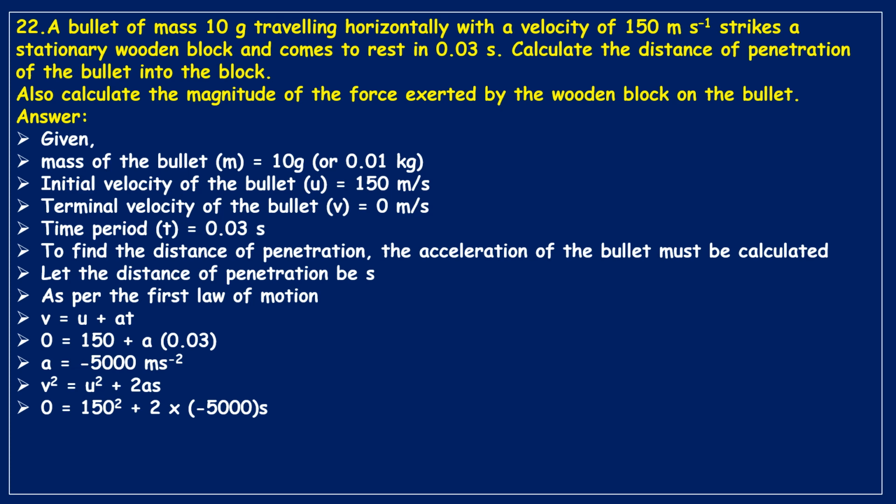So v square equals u square, 150 square, plus 2 into minus 5000 meter per second square times distance. Now you bring distance to this side.